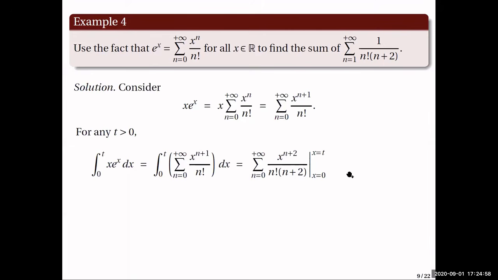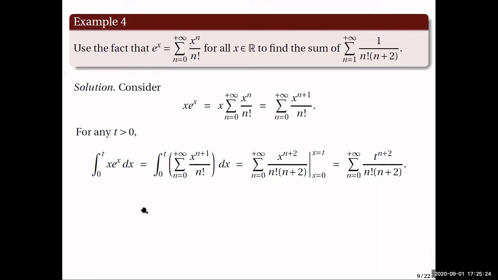Now this gives us the summation from n equals 0 to infinity of t raised to n plus 2 over n factorial times n plus 2. Okay, so this result is almost similar now to the given summation in the problem. So here we can just take t equals 1 later.